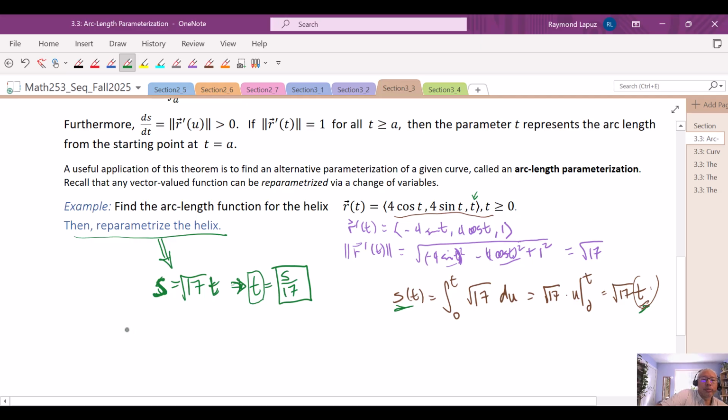So now your reparameterization, and usually when you parameterize by arc length, you're actually changing the parameter as well, from a t to an s.